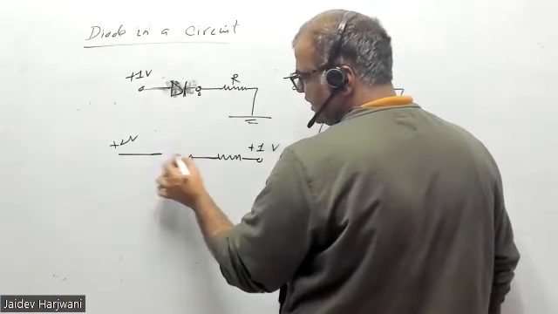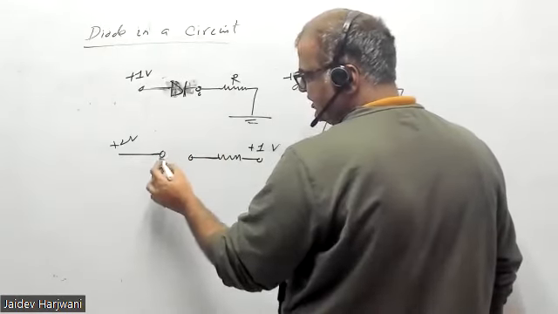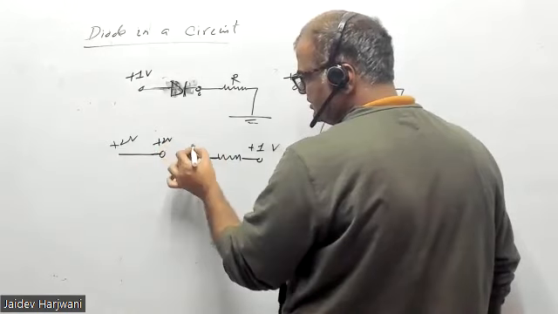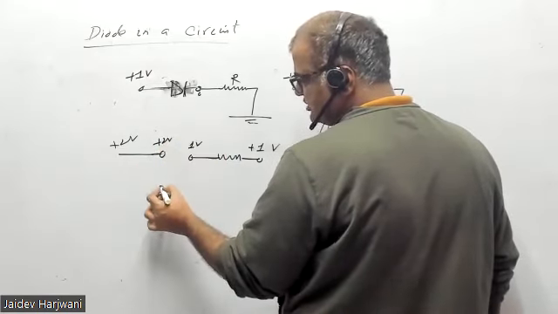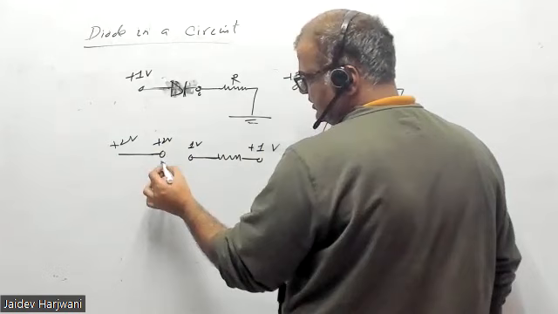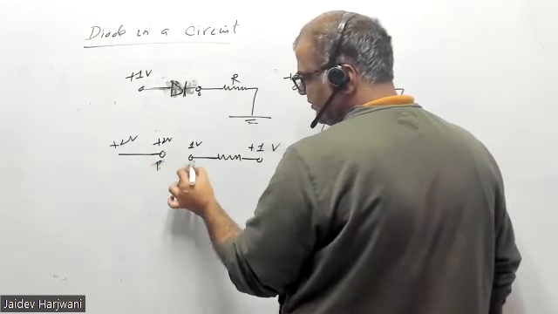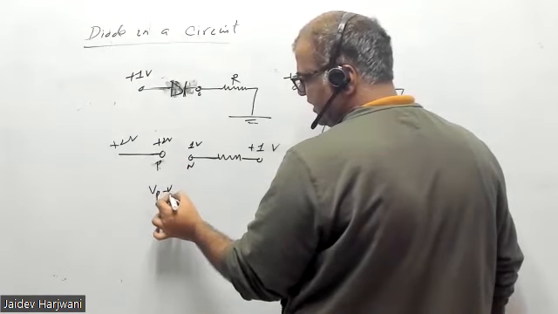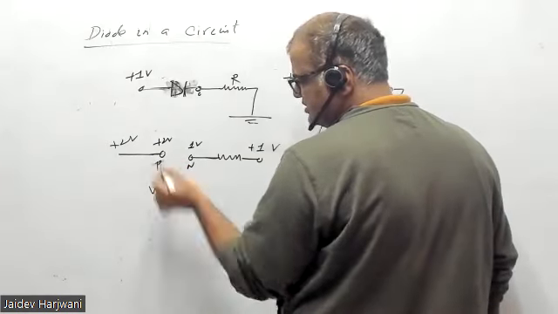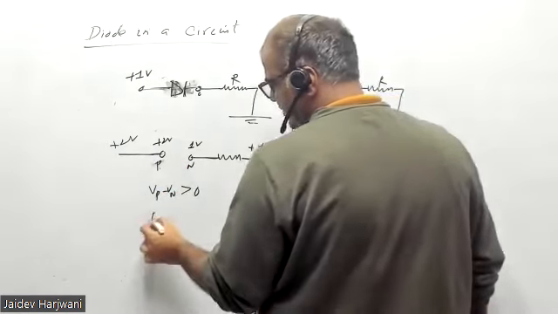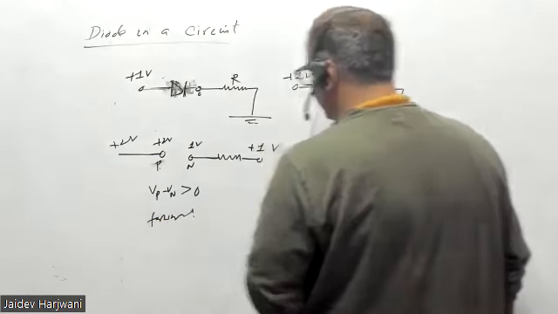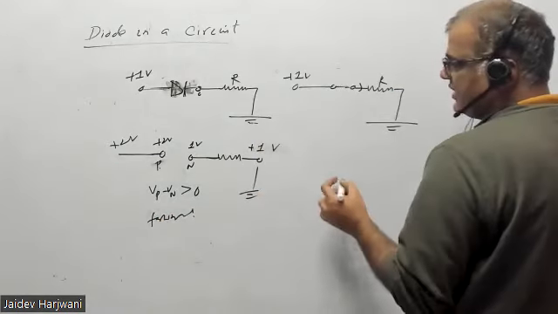Okay, you will find a difference. If this is 2 volt and this is 1 volt, the difference is positive. So this is the P terminal and this is the N terminal. So Vp minus Vn is greater than 0, positive. That means the diode is forward biased, and you can replace this diode by a short circuit.